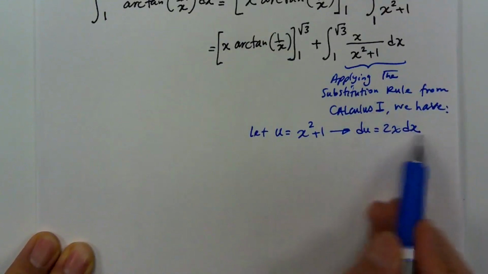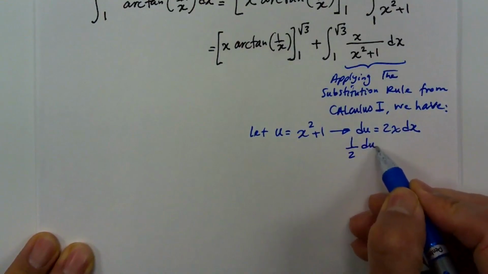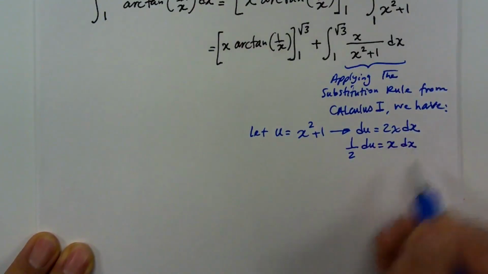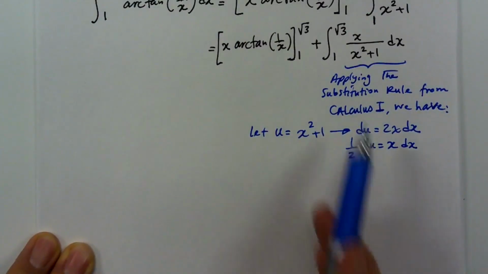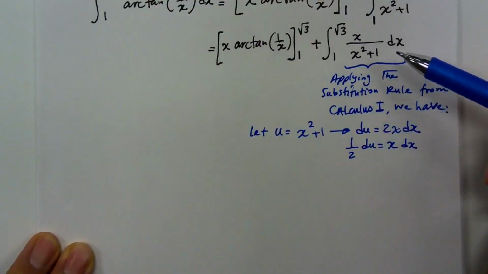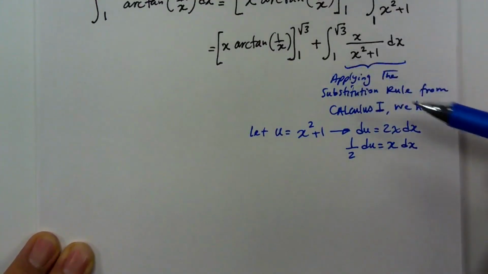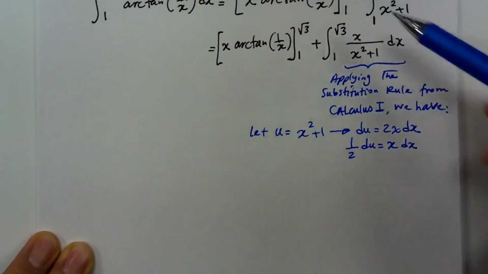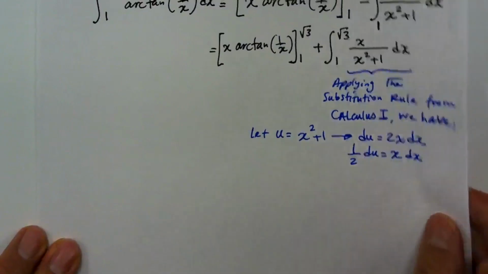We multiply both sides by 1/2. So 1/2 du equals x dx. Now x dx is equal to 1/2 du, and we can put it there, and the rest is easy because we're going to have 1/2 times 1 over u, and 1 over u has a very easy integral, which is natural log of u, right? So now we can put it all together.